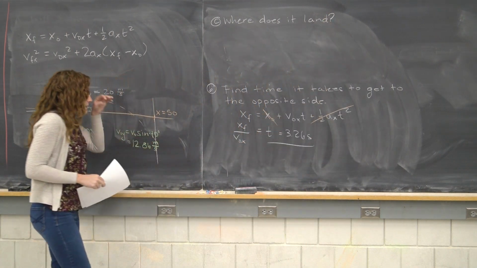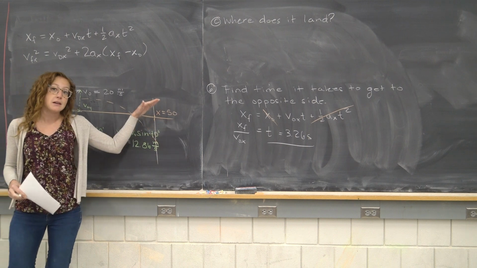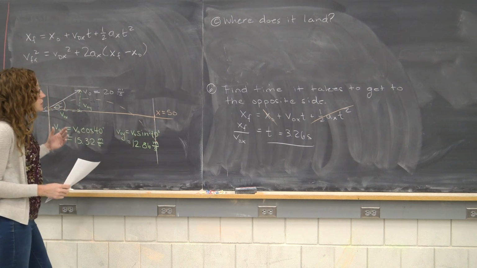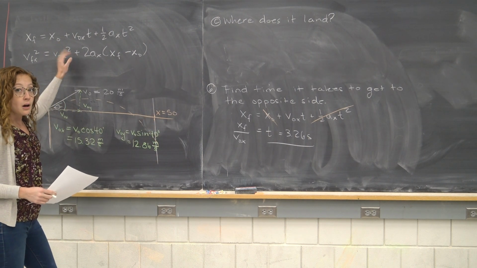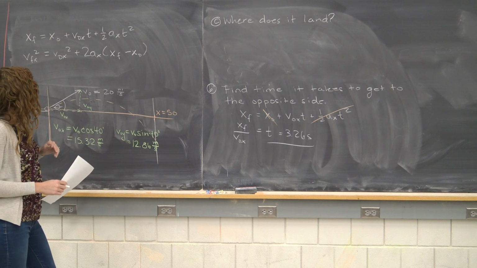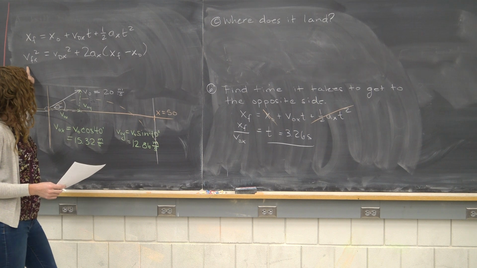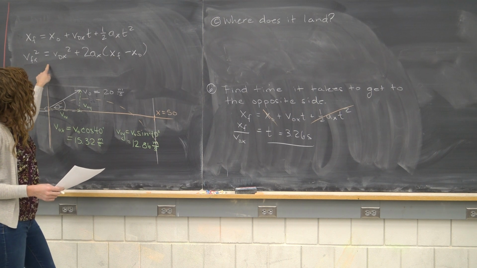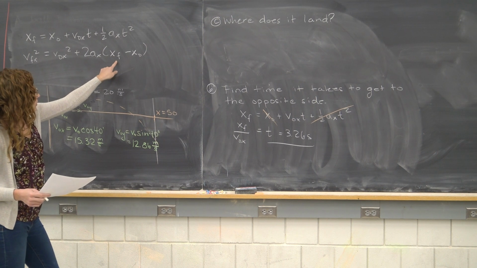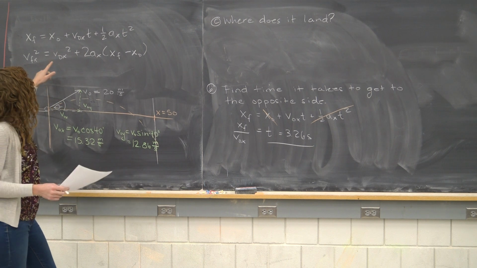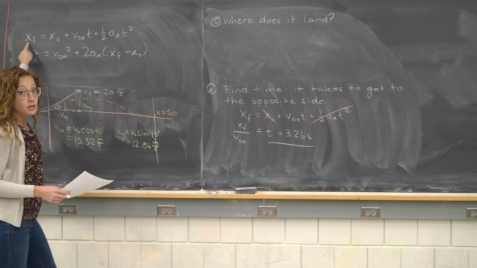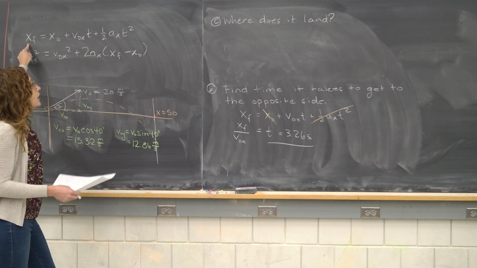All right, so in this case, we're obviously looking for some sort of height information. So we're going to have to use the y component of one of these equations. We don't know anything about v_fy, and we also don't know y_f, so that's going to be trouble. But this one could potentially work, because the only thing that we don't know is y_f.